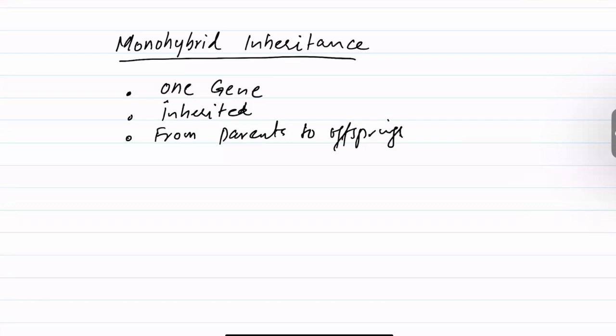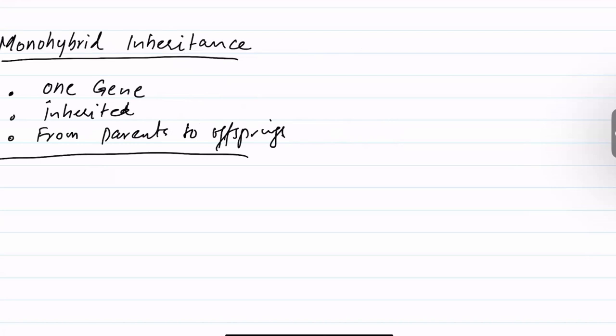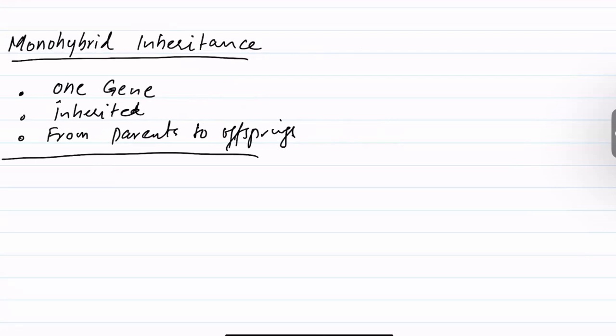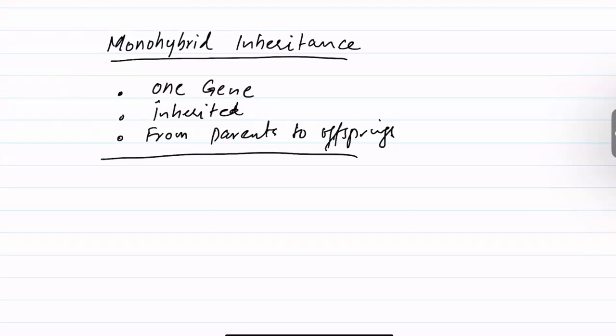So this is monohybrid inheritance. Okay, we have dihybrid inheritance, where we will study inheritance of two genes together. And let's see monohybrid inheritance.